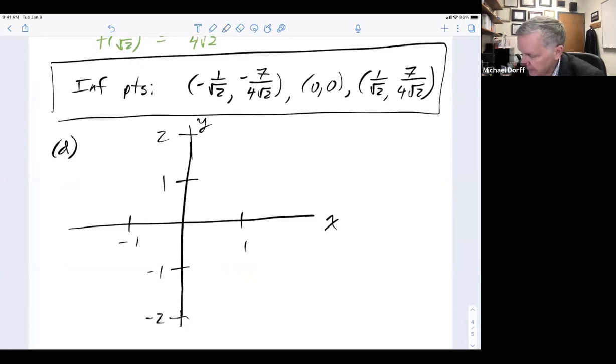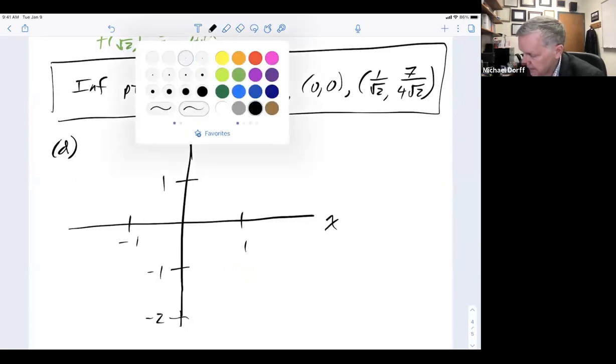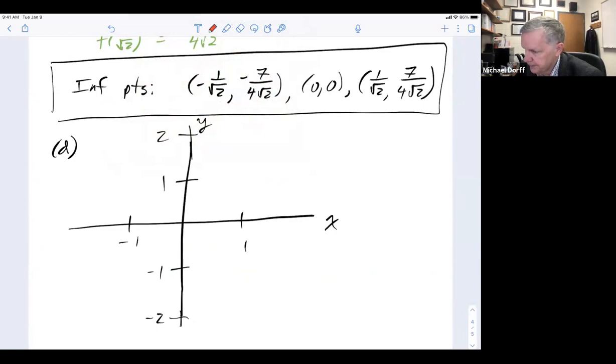And using all the information I have here, I know I have an inflection point here. I have a local min here. This was a local min. This was an inflection point. I had a local max here. Okay, and then we got that in part B. The local max and local min are from part B.